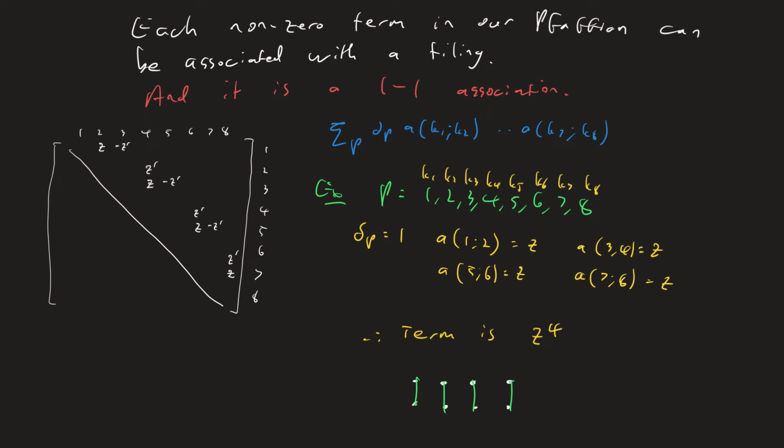If we had 2 horizontal and 2 vertical tiles corresponding to our permutation, then this matrix here ensures that we'd have z squared, z prime squared. If we had 1 vertical and 3 horizontal, we would get z to the power of 1, z prime to the power of 3. The sign term in here compared to the sign terms in here are such that we will always end up with a coefficient of +1 in each term of our Pfaffian.